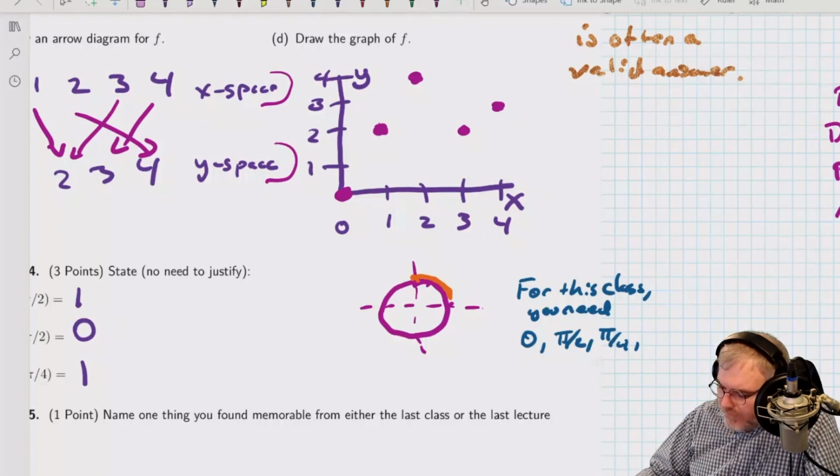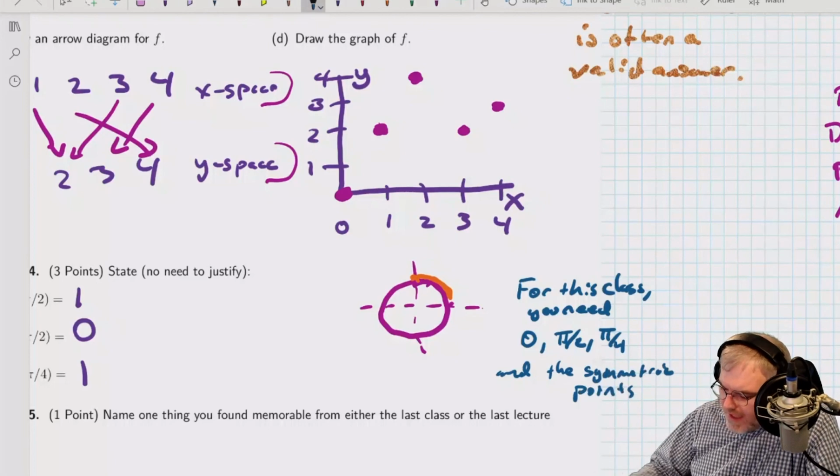Pi over 2, pi over 4. And they're symmetric points, i.e., I want you to know this point here, this point here, this point here.